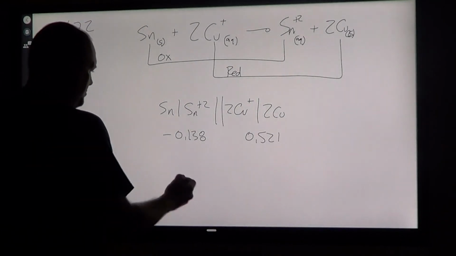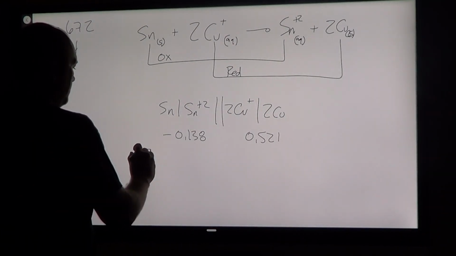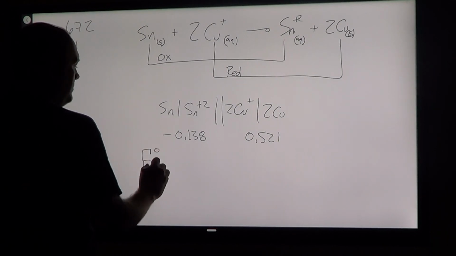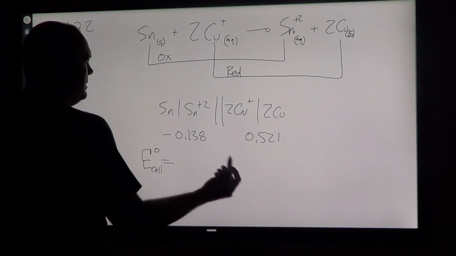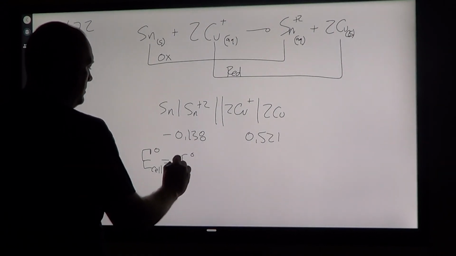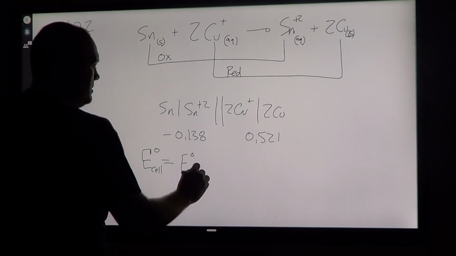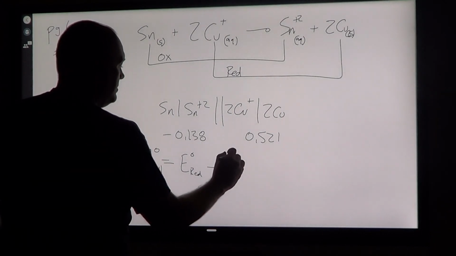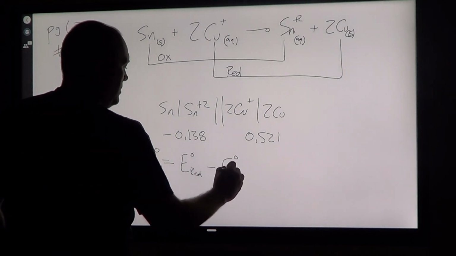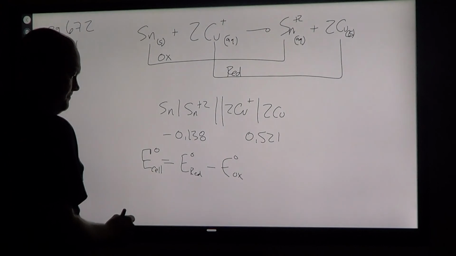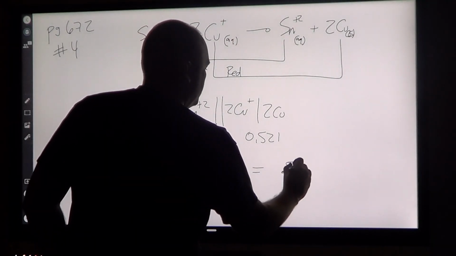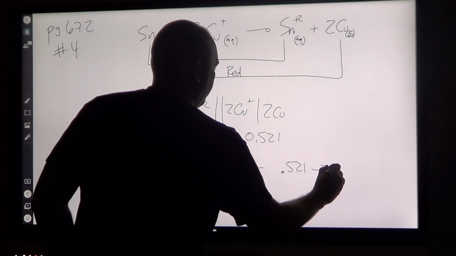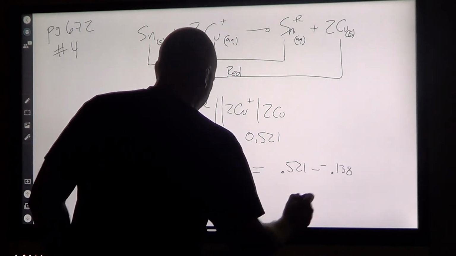And now you just plug in those numbers into our equation. So our cell potential is going to be the potential of the reduction minus the potential of the oxidation, okay, which is 0.521 minus negative 0.138.